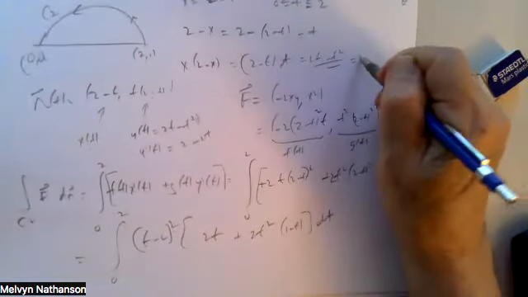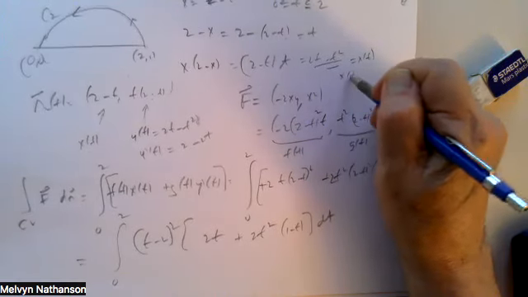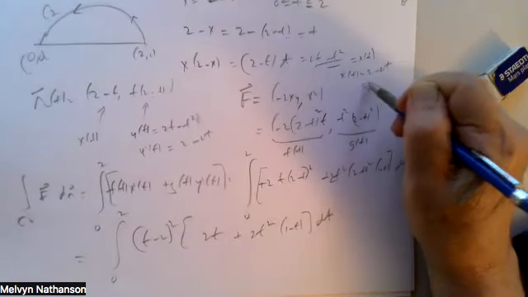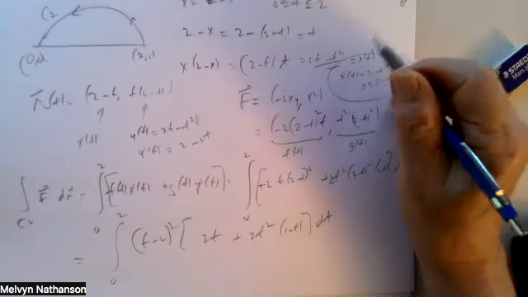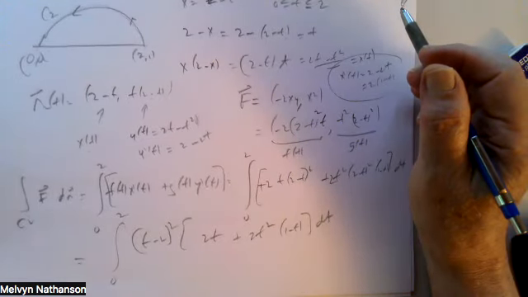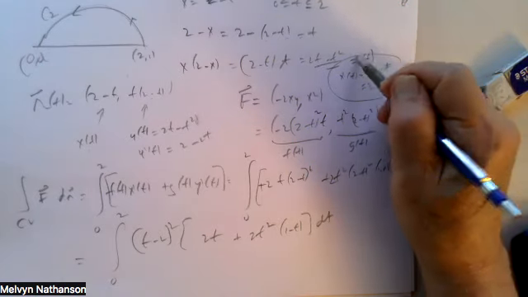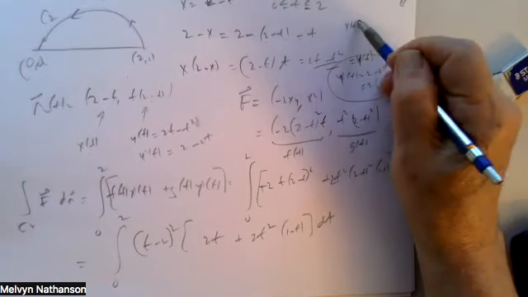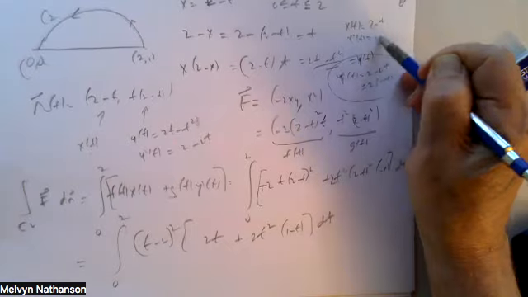That's y of t. If I differentiate that, I get y prime of t equals 2 minus 2t, or 2 times (1 minus t). Sorry, I mislabeled earlier. x of t is 2 minus t, so x prime of t is minus 1.